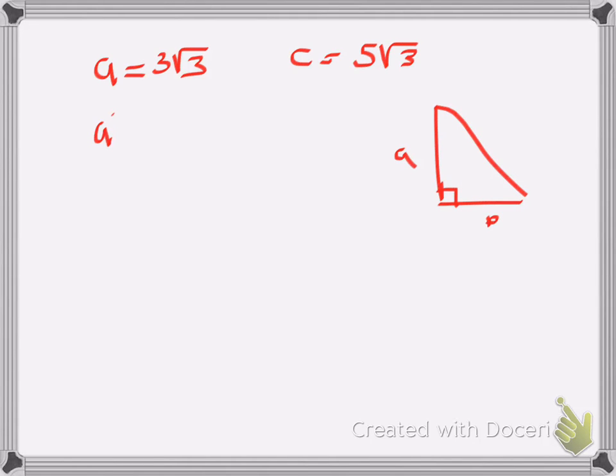Here's A, here's B, here's C. The B, we said we don't know what it is. The A is 3 radical 3, and the C is 5 radical 3. So I use my A squared plus B squared equals C squared. A squared is what?